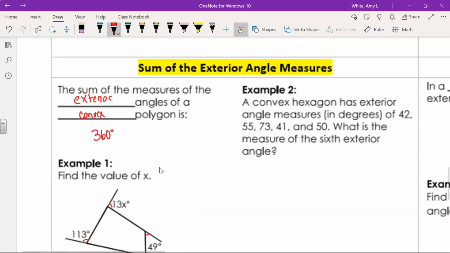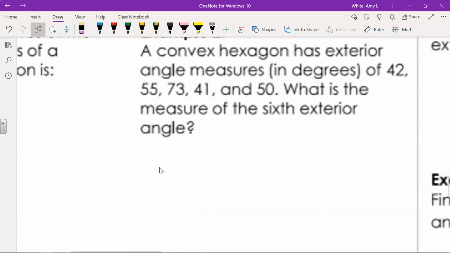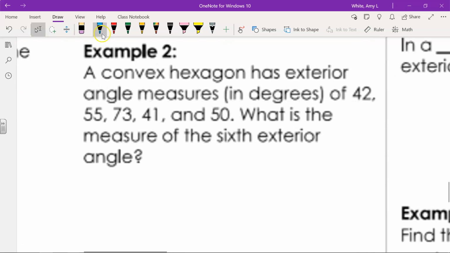If we look at example number 2, it talks about a convex hexagon. We might want to remember that a hexagon means that it has 6 sides. And the exterior angle measures in degrees are 42, 55, 73, 41, and 50.